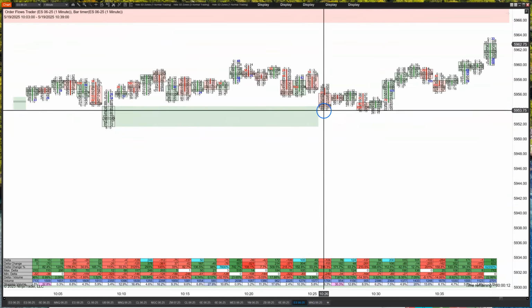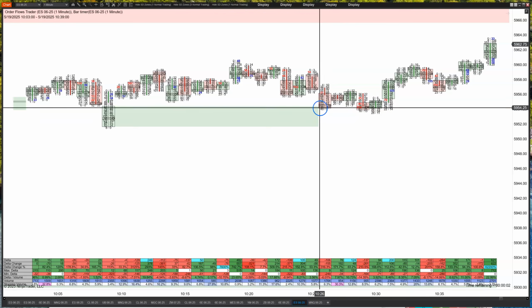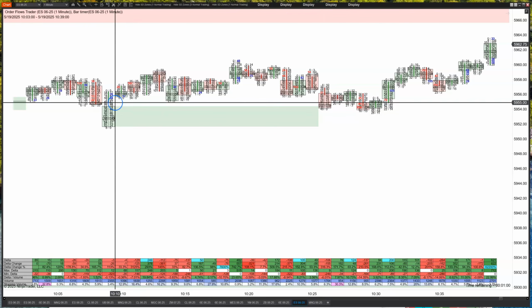While in general they do make nice support or resistance areas, I've done a lot of analysis on the value area itself, and I realized that some value areas actually exhibit signs of accumulation or distribution. Accumulation is obviously people building up a position.